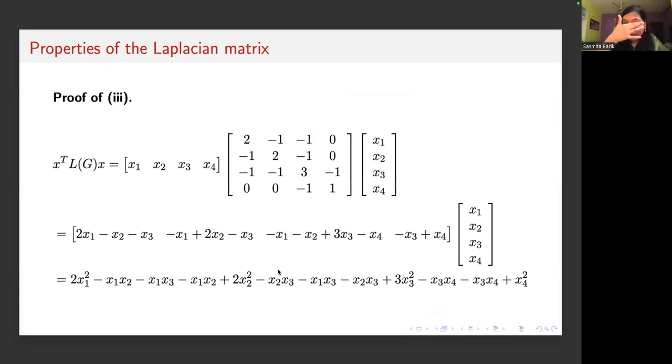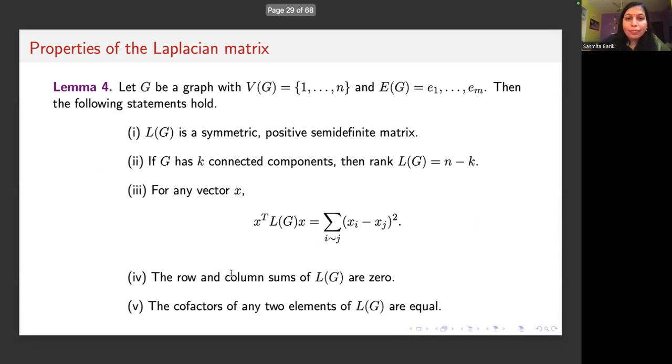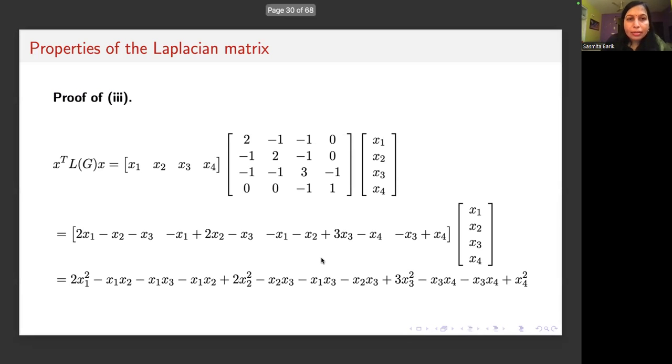So to prove this third part, that if I take X transpose LGX, and that will take this form, I'll go through one example, and then I'll show you how the things are happening. So the matrix I'm taking is the matrix which we had taken before, coming from that graph.